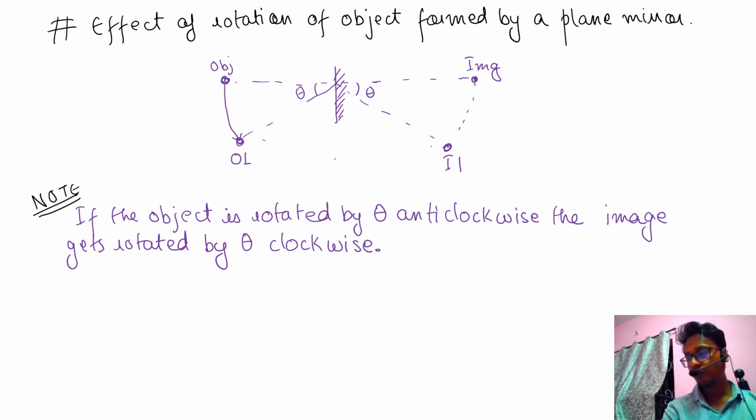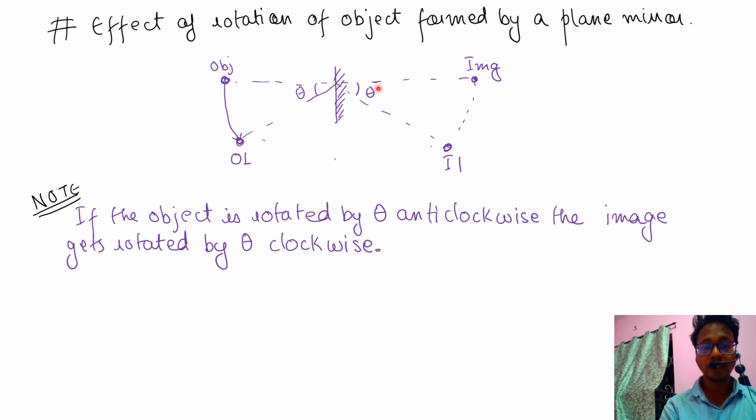Now, how do we express this sentence in mathematical form? We know that rotation is an axial vector. Anti-clockwise means you always use the right hand. Anti-clockwise means towards yourself, clockwise means away from yourself.